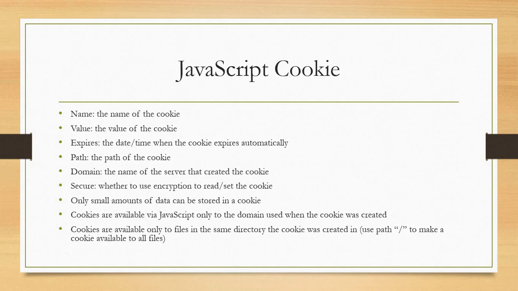They're available via JavaScript only to the domain where the cookie was created. And just like our other pieces of information we've created in the course, they're only available within the same directory that they're created in. We can change this by changing our path to make cookies available to all files.